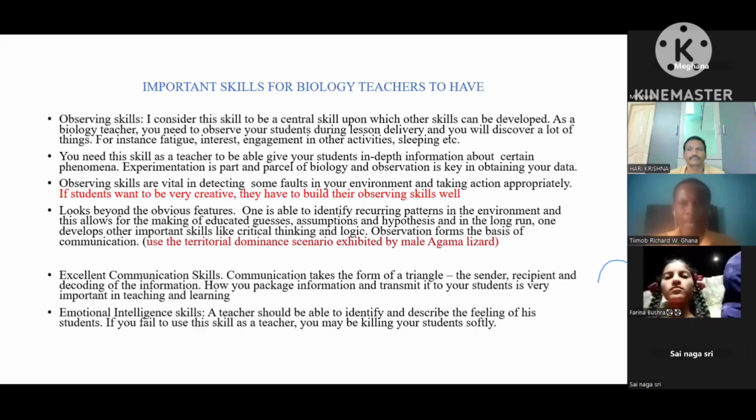So as a biology teacher, the way and manner in which you package your information and transmit it to your students is very important, because if you communicate to them and they receive it and are not able to understand, it means that communication has not taken place. So you have to simplify the information, try to relate it with real life situations so that whatever you are giving to them, they are able to comprehend it.